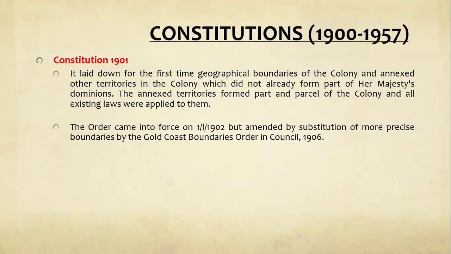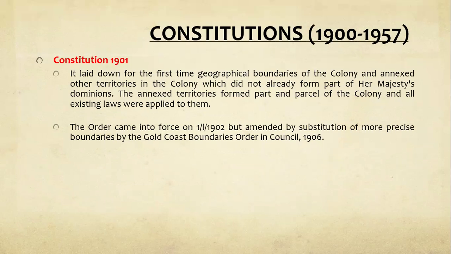Then we also have the Constitution of 1901, which laid down for the first time geographical boundaries of the colony and annexed other territories in the colony, which did not already form part of Her Majesty's dominions. So the annexed territories form part and parcel of the colony, and all existing laws were applied to them.